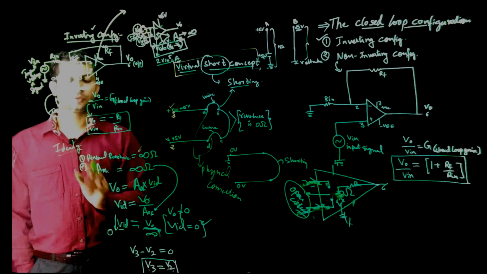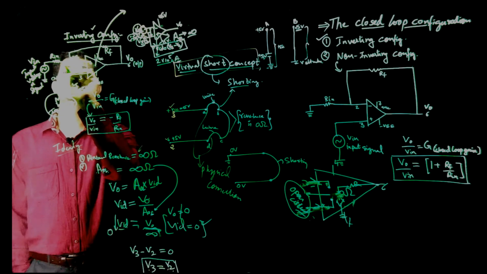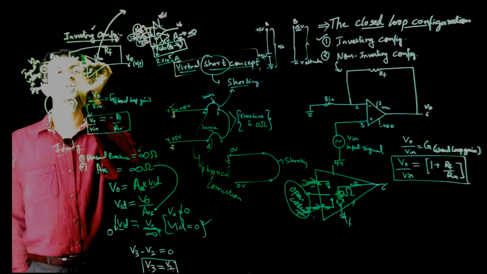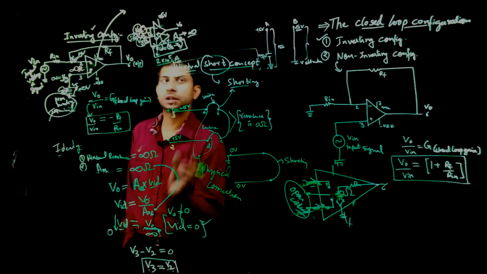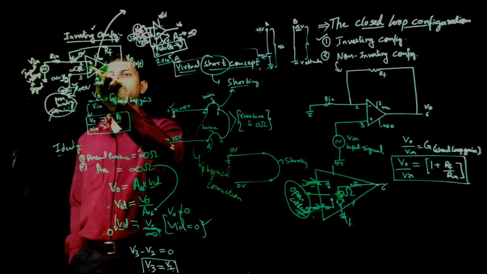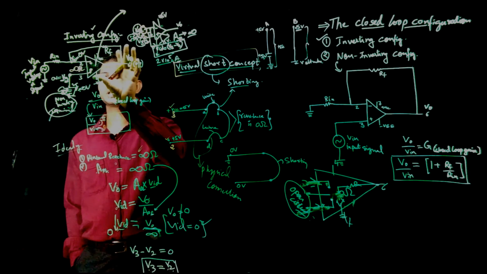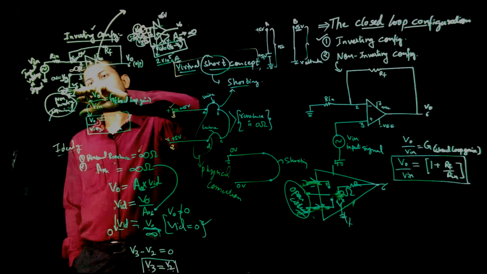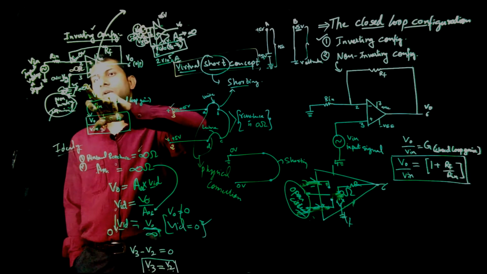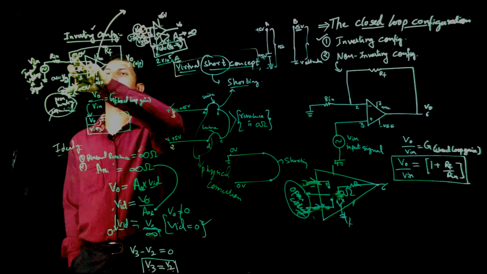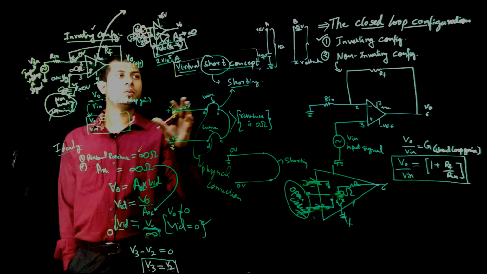We assume for the ideal case, and due to that concept, now this V2 voltage is also equal to 0 volt. But for understanding the virtual short concept, we take infinite resistance internally and these two terminals are open circuited, and whatever be the voltage at terminal number 3 or the non-inverting terminal, that voltage will be equal to the voltage at pin number 2, and this is known as the virtual short concept.